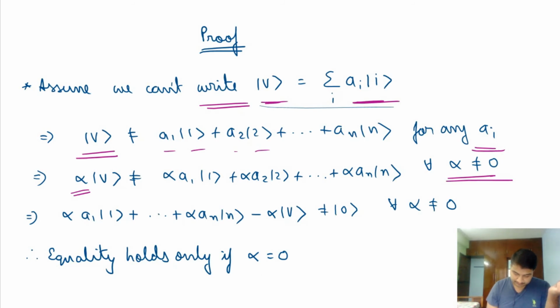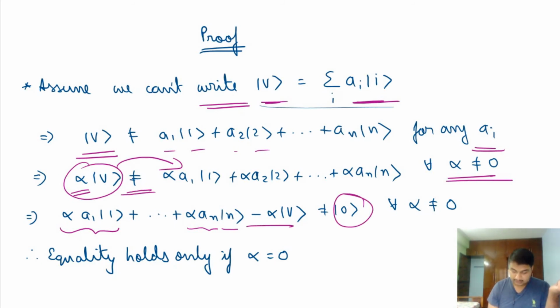Then I bring this term to the other side, and the equation becomes alpha a1 times vector v1 up till alpha an times vector vn minus alpha times v is not equal to the null vector, because we have said alpha is not equal to 0. This equality will hold only when alpha is equal to 0; otherwise this equality is not true.